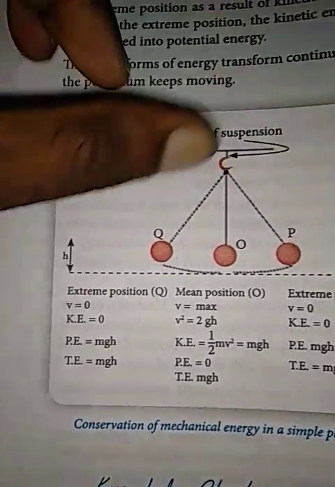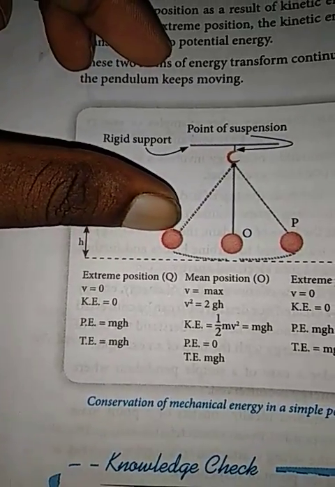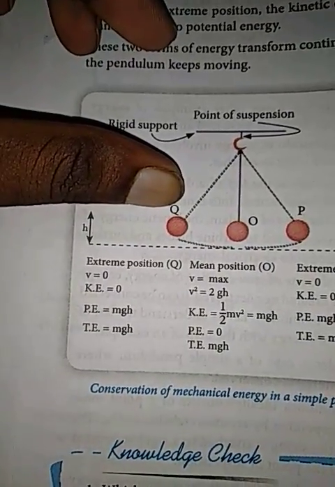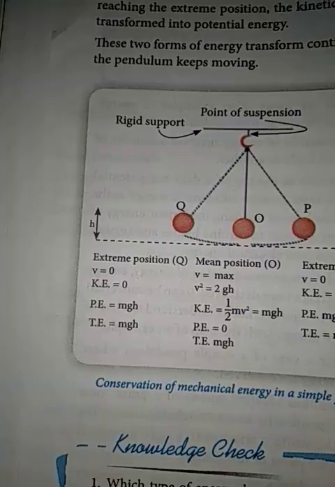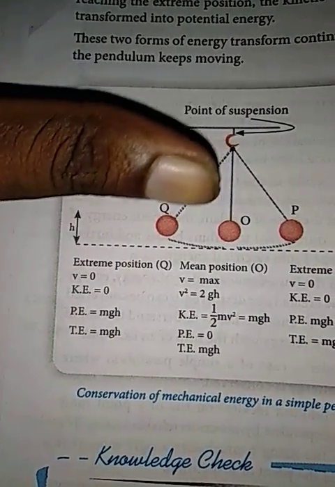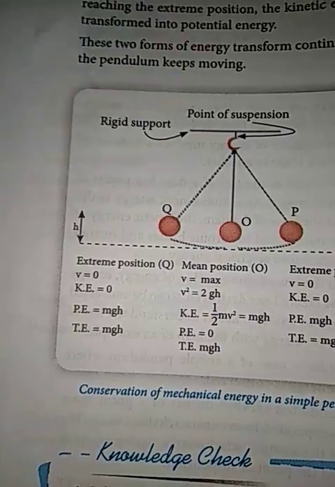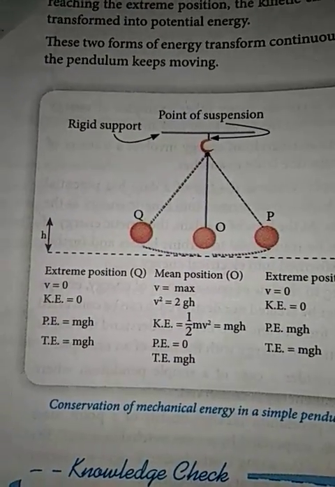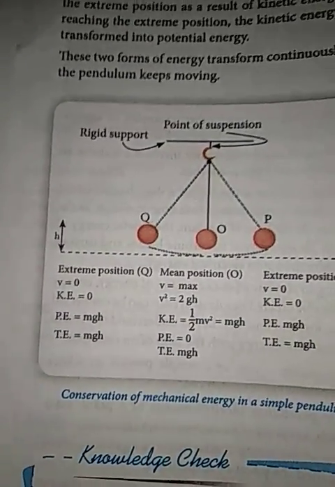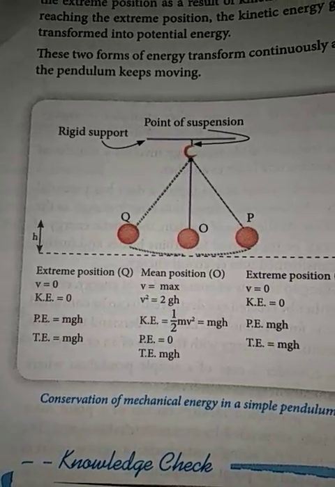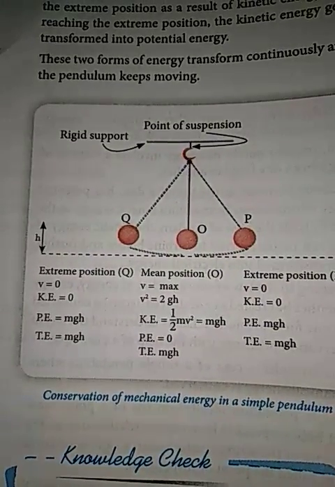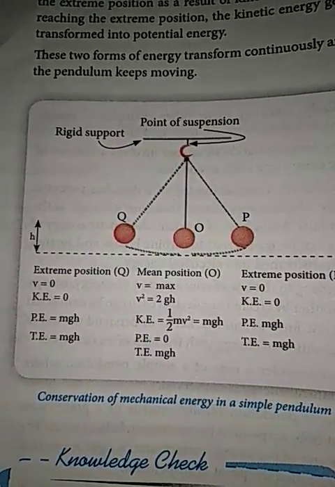You see, at extreme position Q, velocity is 0. It means that kinetic energy is 0. Potential energy is equal to mgh because at Q the bob is at height h. So kinetic energy is equal to 0, and it has only potential energy.